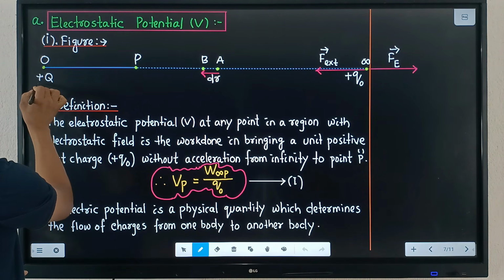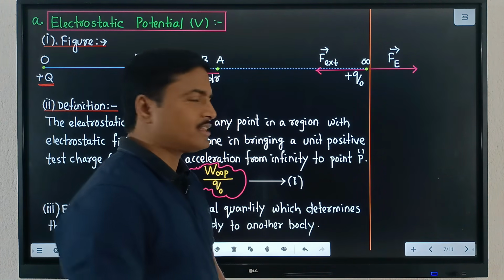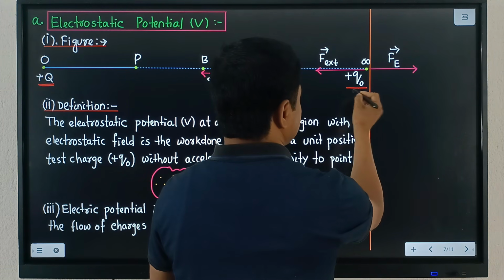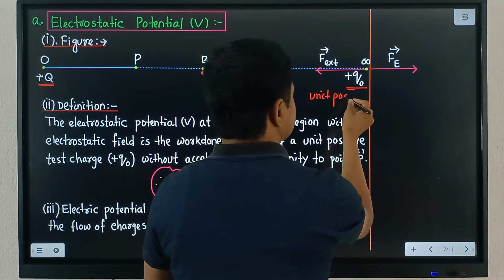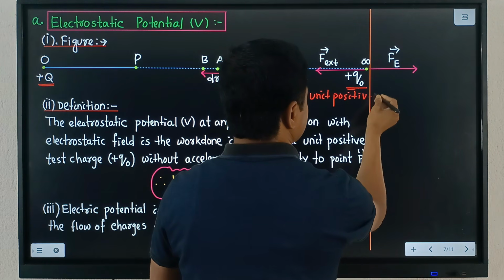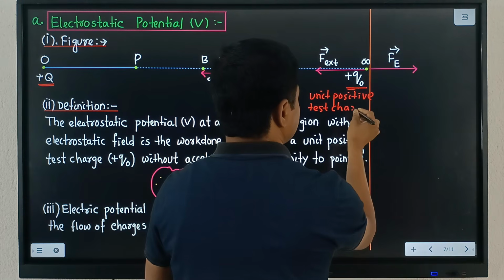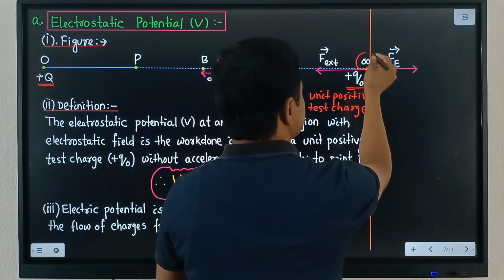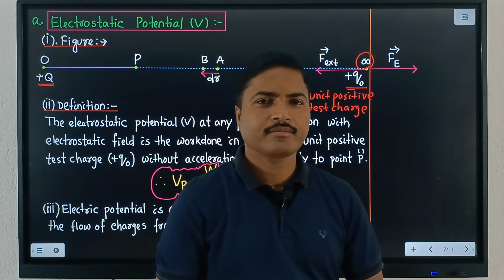We take a source charge, that is plus Q, capital Q, situated at the origin O. We take another charge, that is known as the unit positive test charge, initially situated at infinity. Here also two charges are there.